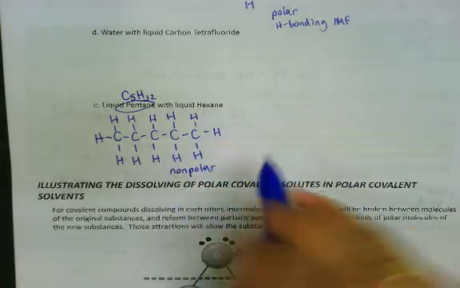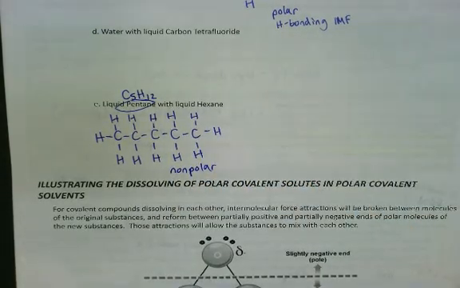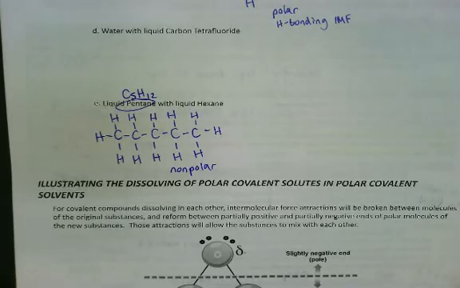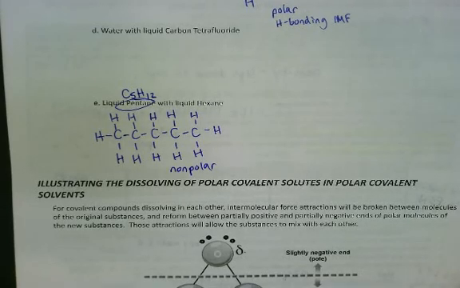They're going to share these electrons fairly equally. Carbon and hydrogen have very similar electronegativity. Carbon's technically a little bit more electronegative, but not enough that it's going to really pull on those super hard.